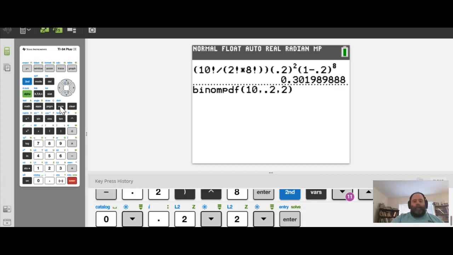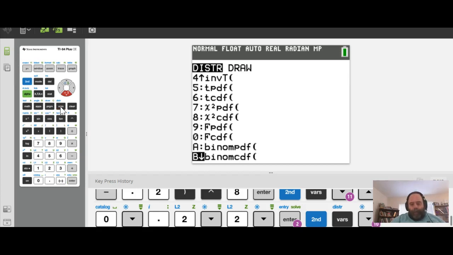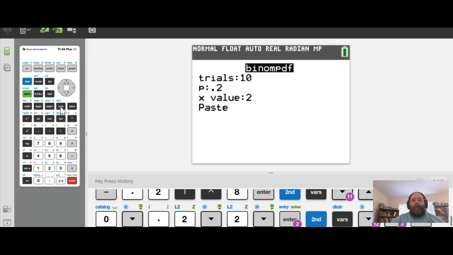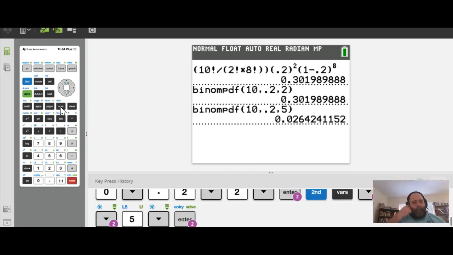I paste, hit enter, and voila, it gives me the same number without punching in all of those calculations. Let's say I wanted the probability of getting 3 correct, or let's say 5. I go back down to binomial PDF, 10 trials, 0.2 is the success, getting 5 correct, so about a 2.6% chance. Hopefully you're following me on that.